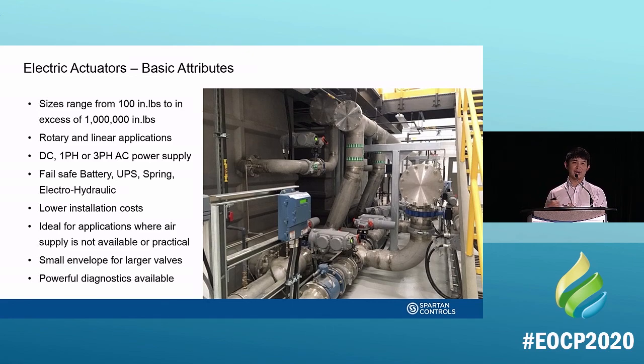So it's good to know what power you have on hand before expanding a part of your plant. Also, with electric actuators, you're able to use a fail-safe battery, your UPS. But like I mentioned before, the most reliable form of fail action is always the mechanical spring.